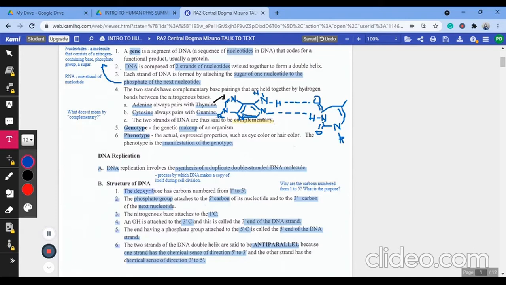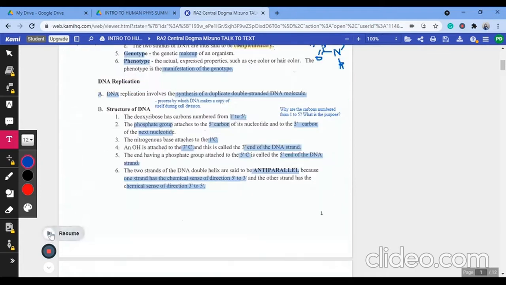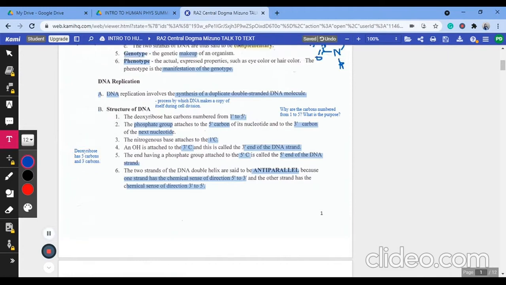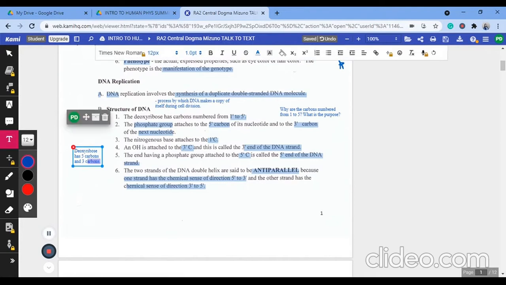So the deoxyribose has carbons numbered from 1 to 5, and the phosphate group attaches to the 5 carbon of its nucleotide and the 3 carbon of the next nucleotide. So basically, the deoxyribose has 5 carbons and 3... oh wait, not carbons, but rather 3 oxygens.